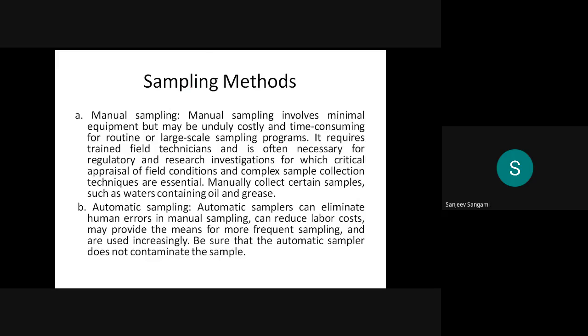Then sampling methods. Manual sampling is there, and some equipment is there to do automatic sampling. Manual sampling involves minimum equipment, but it is costly as well as time consuming for routine or large scale sampling programs. It requires trained field technicians and is often necessary for regulatory as well as research investigations for which critical appraisal of field conditions and complex collection techniques are essential.